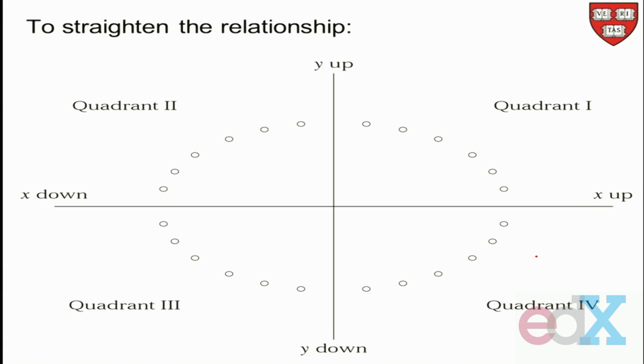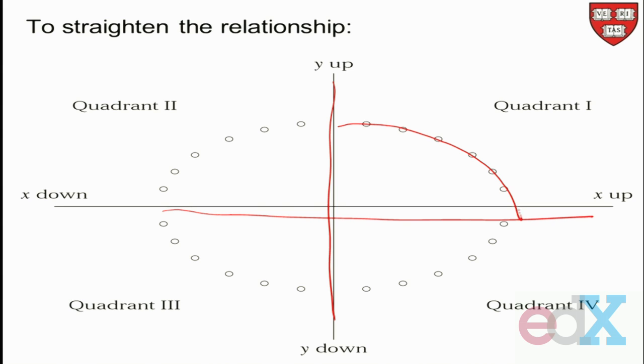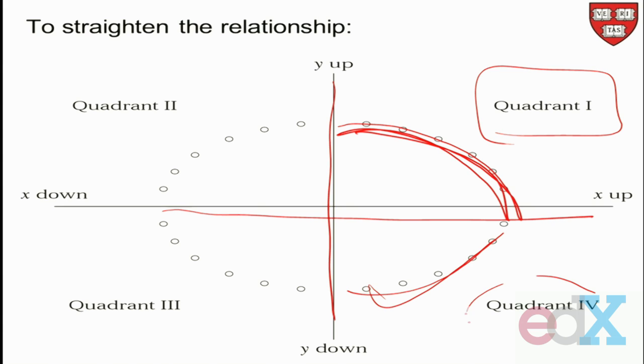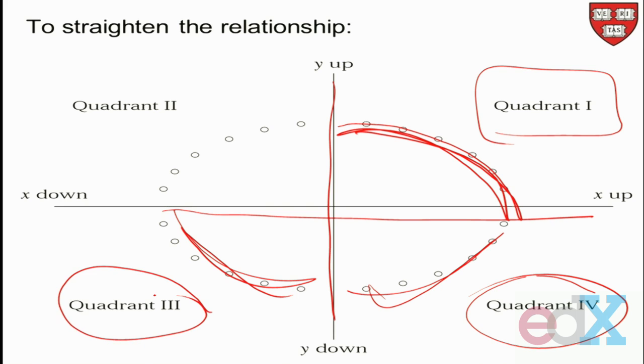And here is a guide. Think of the 4 quadrants. If you've got this kind of shape, we call that quadrant 1. If you've got this kind of shape, we call that quadrant 4. If you've got this kind of shape in your scatter plot, we call that quadrant 3. If you've got this kind of shape, we call that quadrant 2.